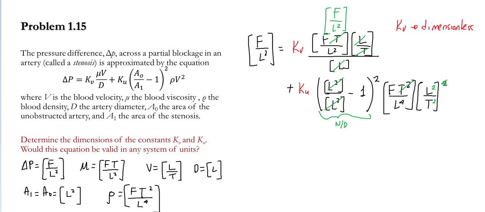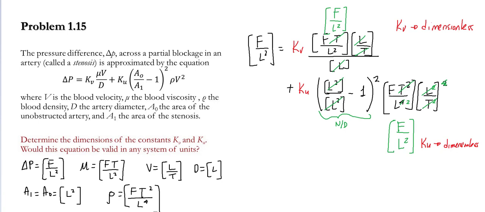Notice that the time squared and the time squared cancel out. And L squared divided by L to the fourth leaves L to the second. So at the end, notice once again what we're left with is force divided by L squared, which is exactly the same dimensions as the pressure drop. Once again, that shows you that Ku is dimensionless.